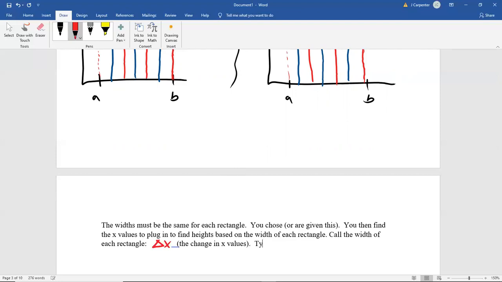Typically, the smaller this delta x is, which is the triangle means delta, the better the approximation.